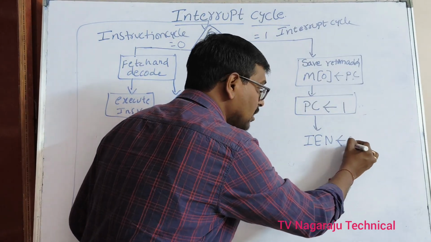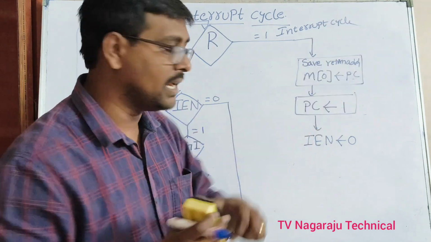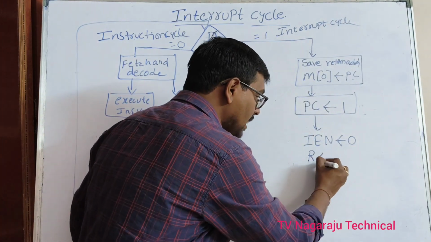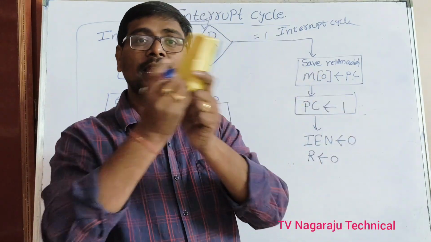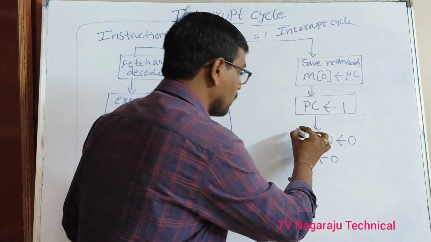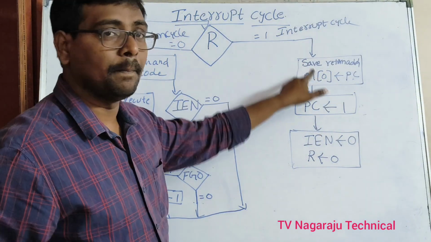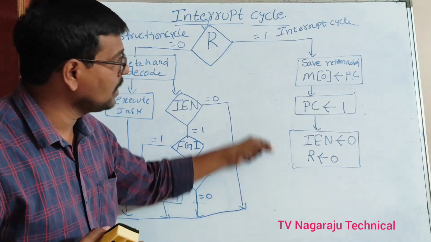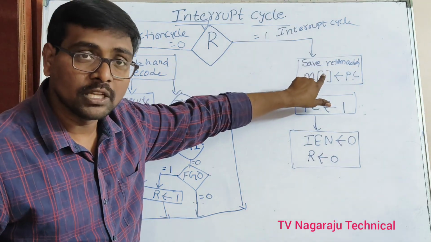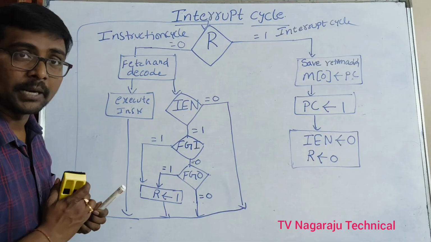IEN is cleared to 0, which means externally it does not produce any interrupt, and R value is equal to 0, in the sense the CPU does not accept any interrupt. This is the step by step of the interrupt cycle. After completion, move back, go to the 0th location and then execute. This is the diagram of the interrupt cycle.